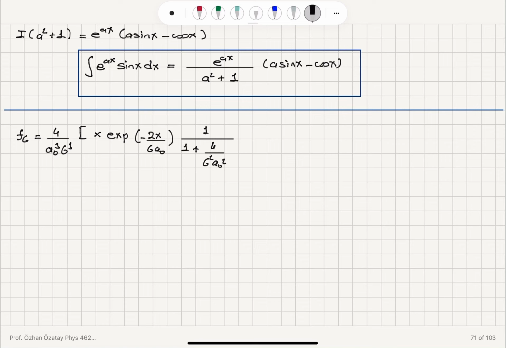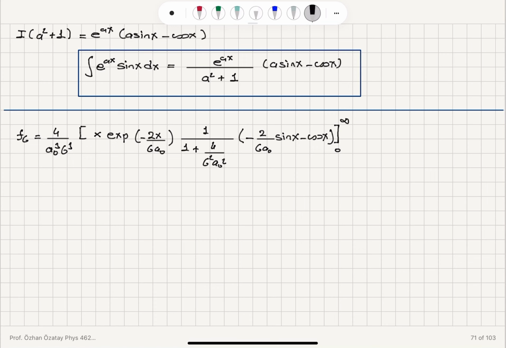And then I have a sine x, which is minus 2 over g a0, sine x minus cosine x. And this will be evaluated between 0 and infinity.